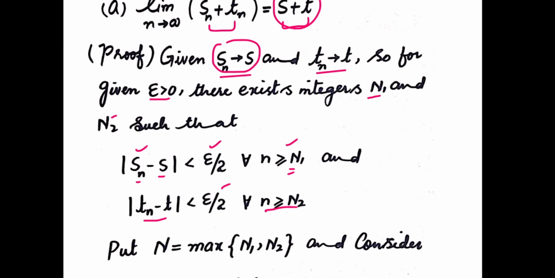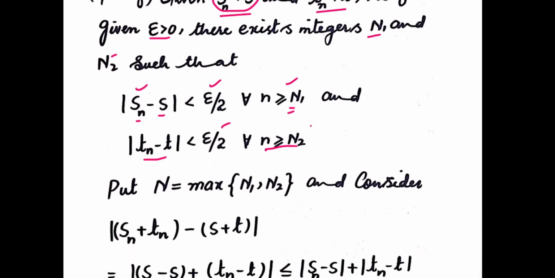Here the important thing that you have to remember: whenever in the proof of convergence of sequences you use two or more integers at the same time, you always have to take the maximum of these integers. Why are we taking the maximum of these two integers? I want an integer that satisfies both of these inequalities. For example, suppose n1 is 10 and suppose n2 is 12.